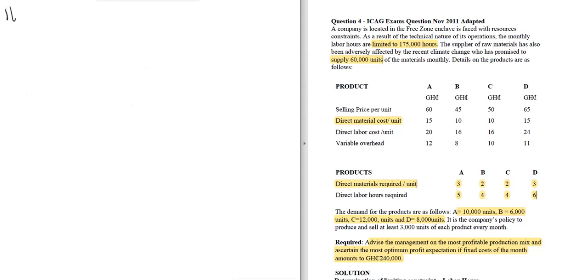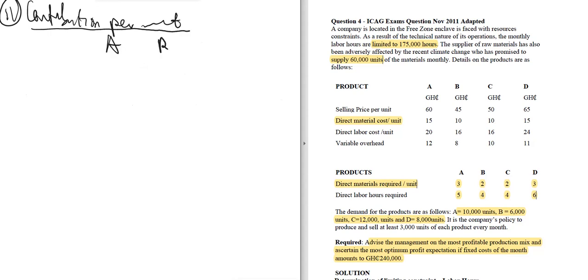So step 2 is to find my contribution per unit, right? So my contribution per unit, I have product A, product B, product C, and product D. So take my selling price, we have 60, we have 45, we have 50, and we have 65. So let's get our variable costs also.